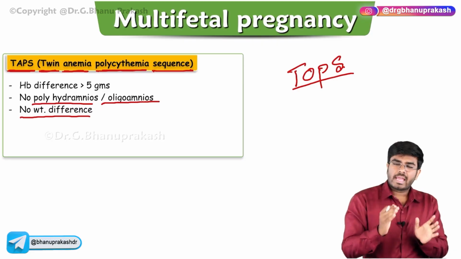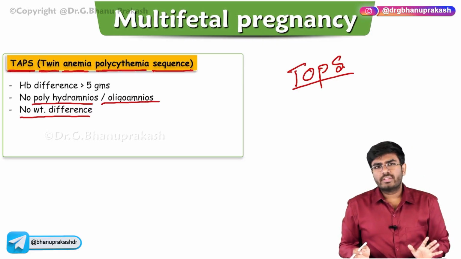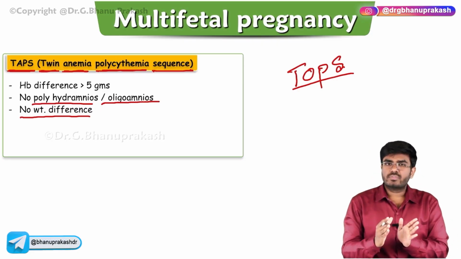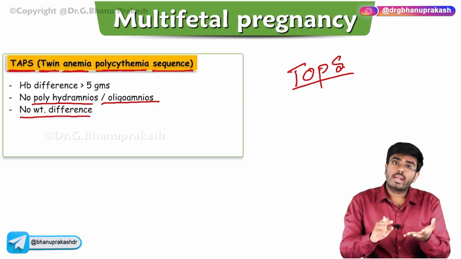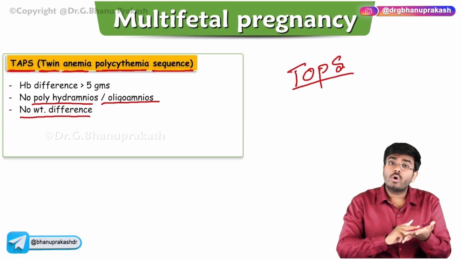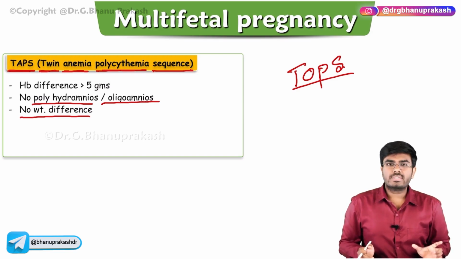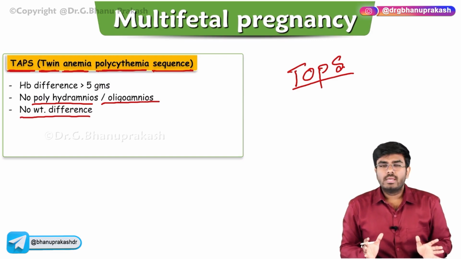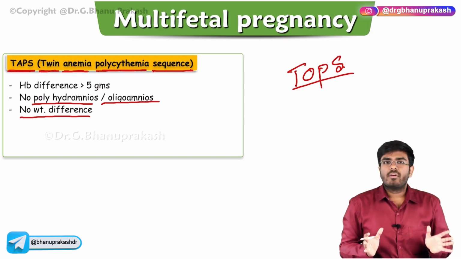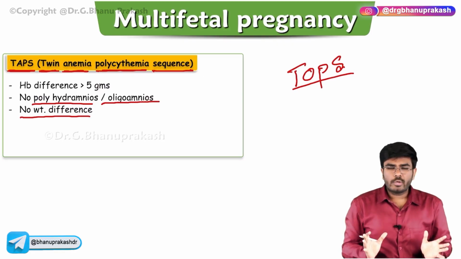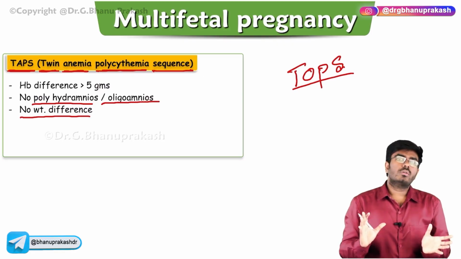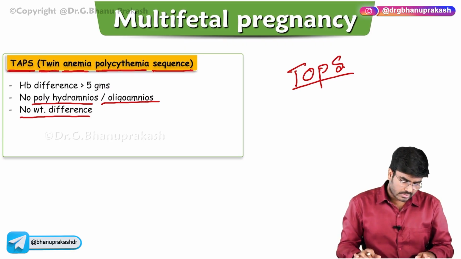But in TAPS, all those things are not there. There is no oligohydramnios, no polyhydramnios, no difference in the weight. Only problem is one baby is getting anemic, the other baby is getting polycythemic. Weight is almost normal, no big difference.